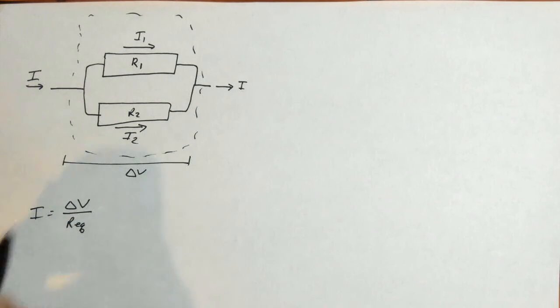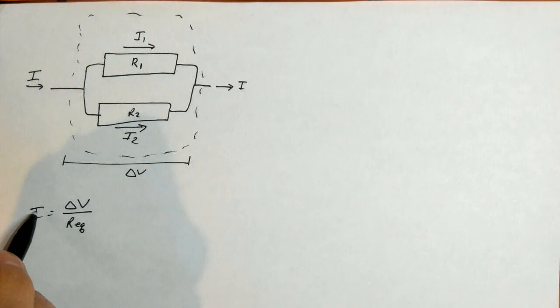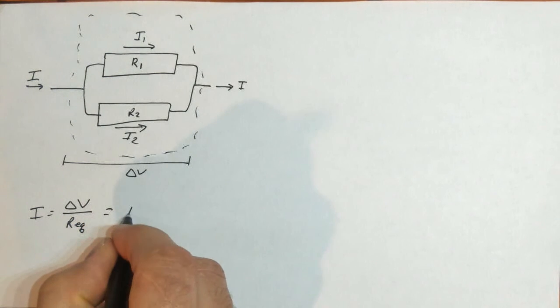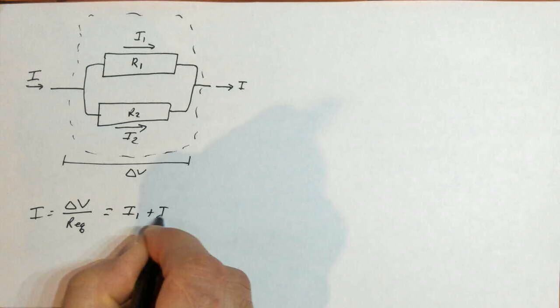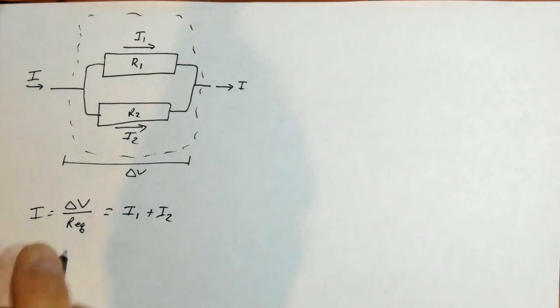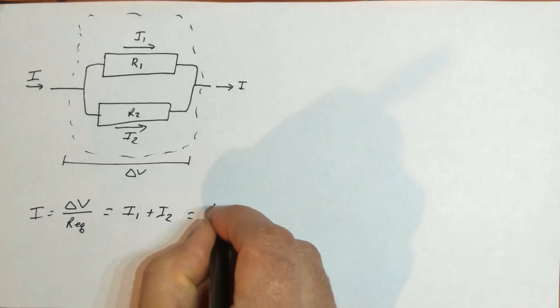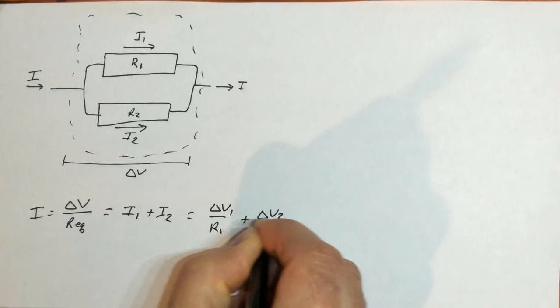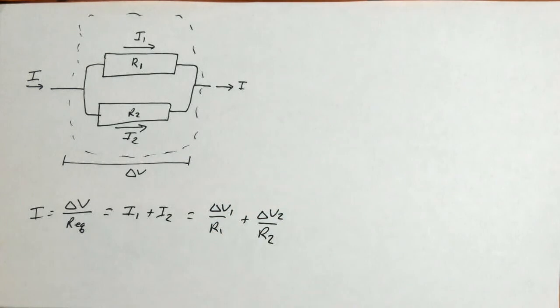V equals IR, or we could say I equals delta V over R. Okay, so with that in mind, we just need to think, well, by the law of conservation of charge, this current must be equal to the sum of these two. So that's going to be equal to I1 plus I2, but each individually is equal to the delta V1 over R1 plus the delta V2 over R2.